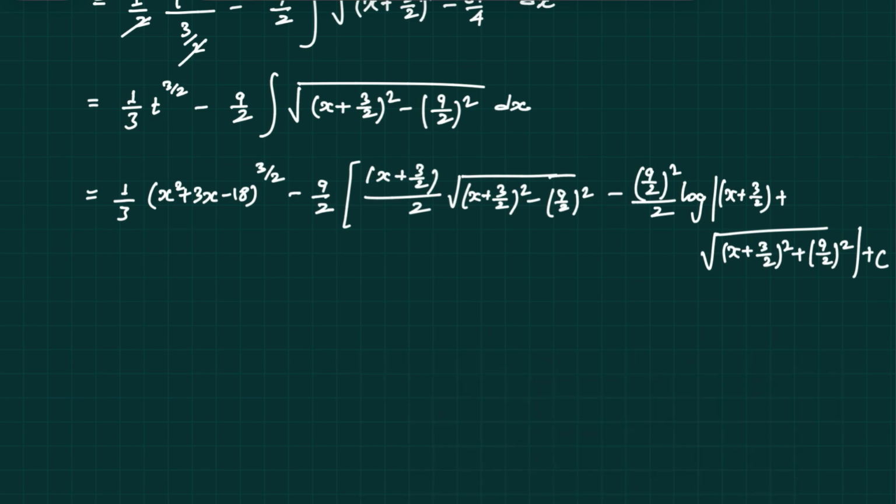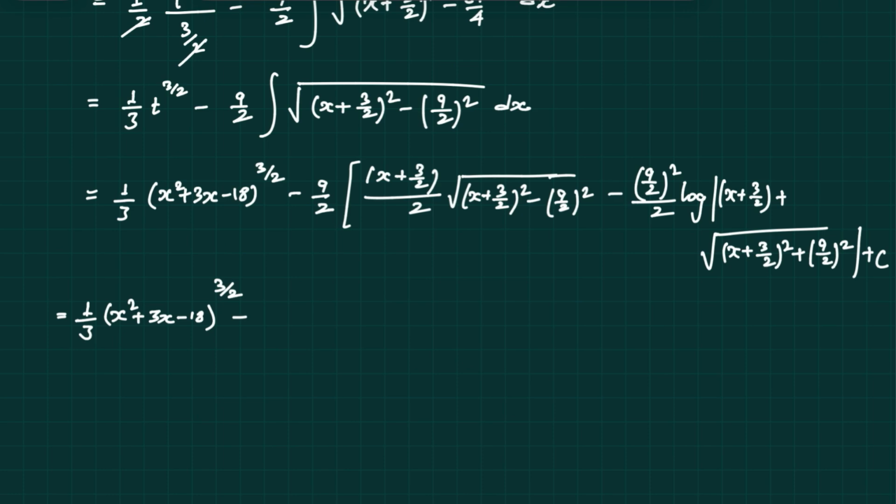So let us simplify everything, then we will have 1 by 3 (x square plus 3x minus 18) to the power 3 by 2 minus, and at the same time let us open the bracket with 9 by 2 also.